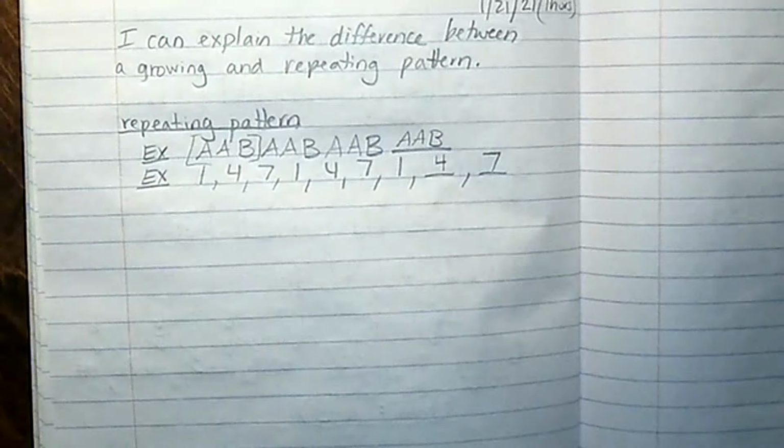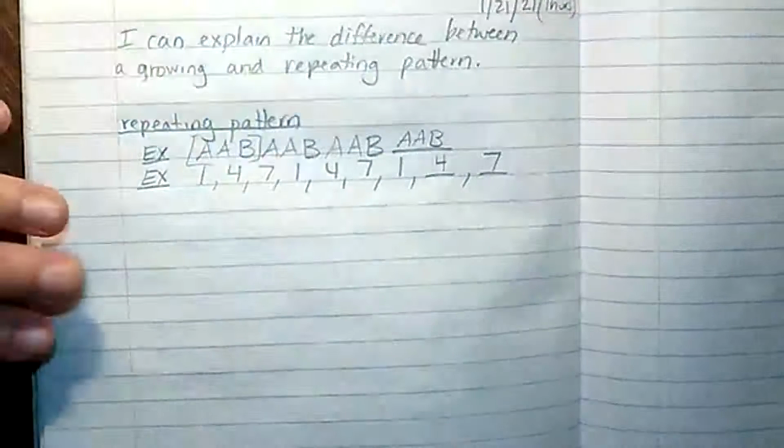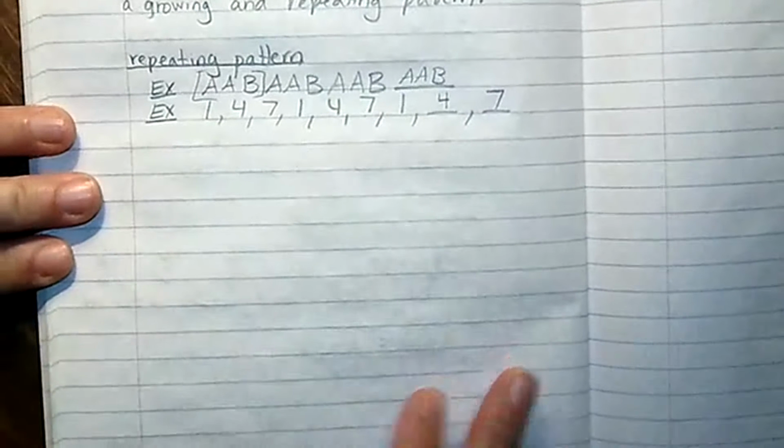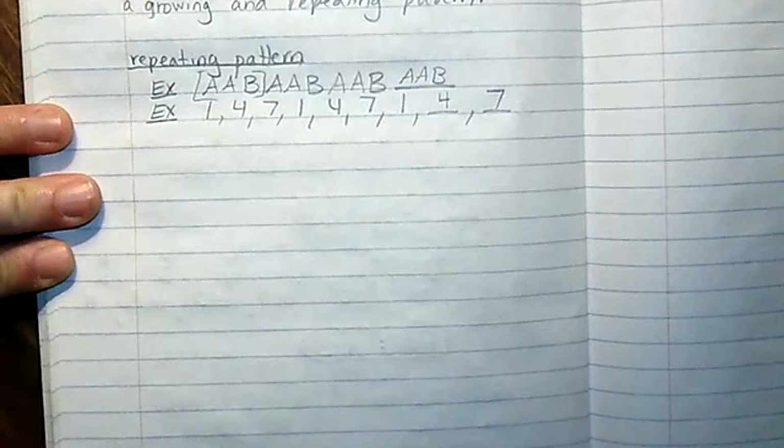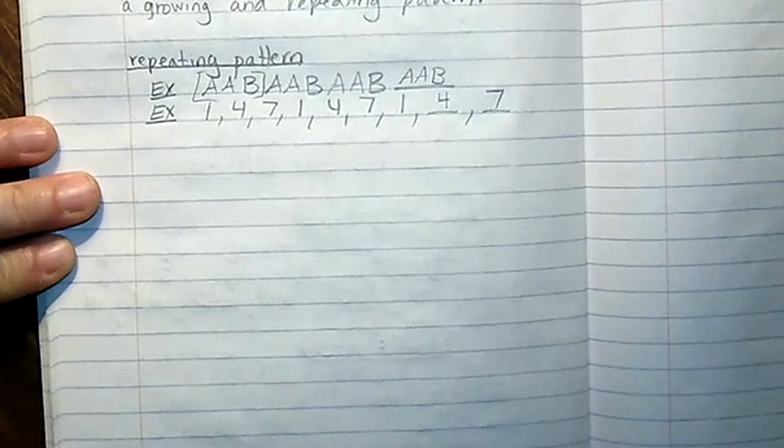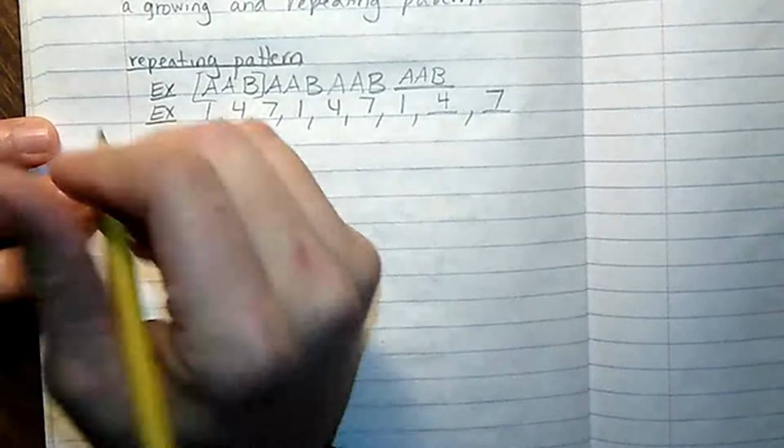Now let's talk about what a growing pattern looks like. A growing pattern does not repeat the same digits or the same numbers over and over again. So a growing pattern looks a little different. An example of a growing pattern might look like this.